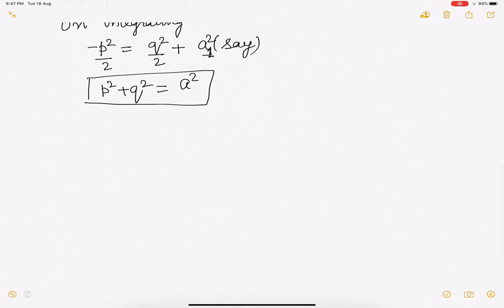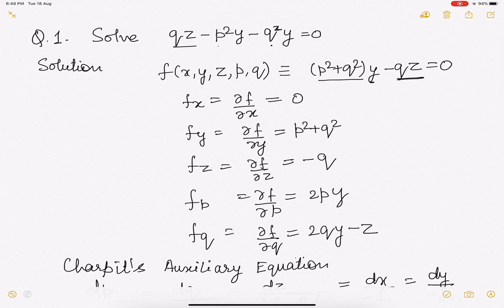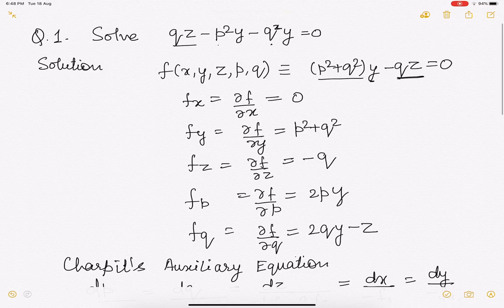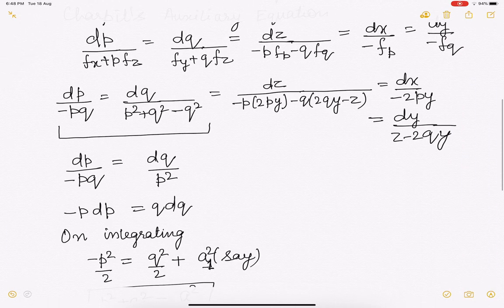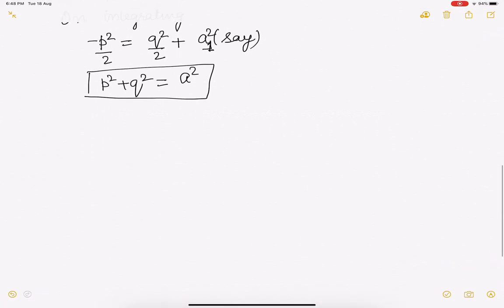See the question, this is our question. In the question also we have p square plus q square, and we got p square plus q square is equal to a constant. So p square plus q square is equal to a square.